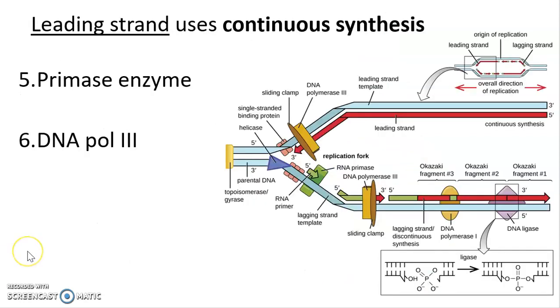And if you look at your leading strand, this uses what's known as continuous synthesis here. First, an enzyme is going to come in, and it's known as primase, and effectively it is an enzyme that is going to make a short RNA that is complementary to a short region on that DNA strand that you have there.